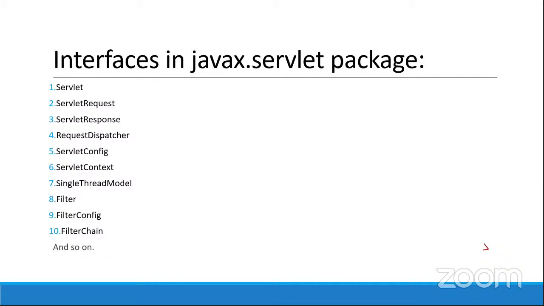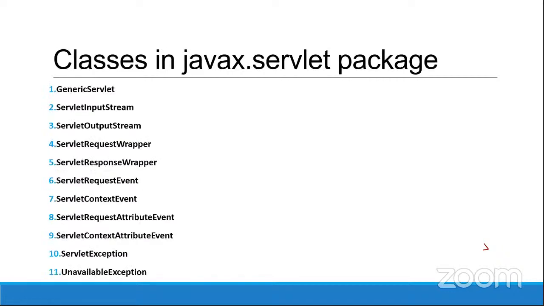We'll see those later. But for now, just revise what are all the interfaces and classes we have in each API. Right. So these are the classes which are present in the javax.servlet package. So we have GenericServlet and ServletInputStream and ServletOutputStream, request wrappers, and you all can see, right? So we have many more classes in this javax package.